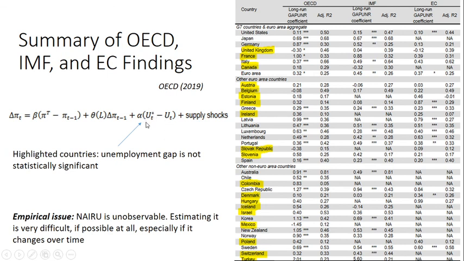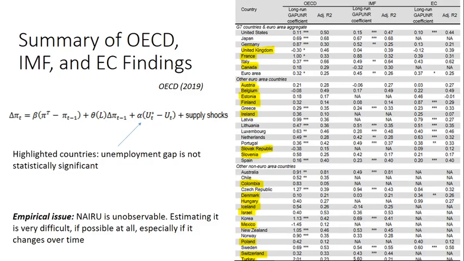As I fleetingly mentioned already, the NAIRU is unobservable, so estimating this is already a bit difficult. And some econometricians argue it's very difficult to do, if possible at all, especially if it's changing all the time. Okay, so essentially that's it for the data. What we can see is that it appeared to be a much more relevant empirical phenomenon for many countries around the world up until at least the 70s, so a few decades at least.